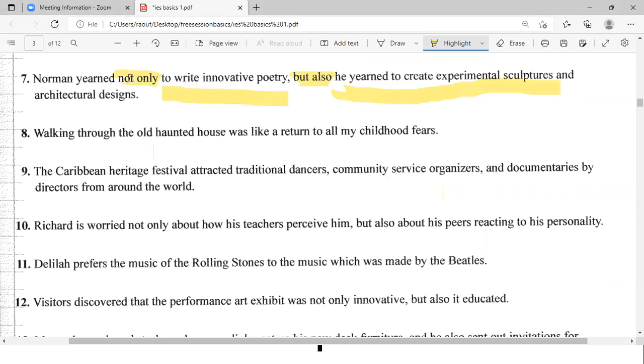If you look at the words not only, you find them followed by to write. So the words but also should be followed by to create. Not only to write, but also to create. After but also, I don't need he yearned. I don't need the subject and the verb because I don't have them in the second part of the sentence. So the answer is to create.